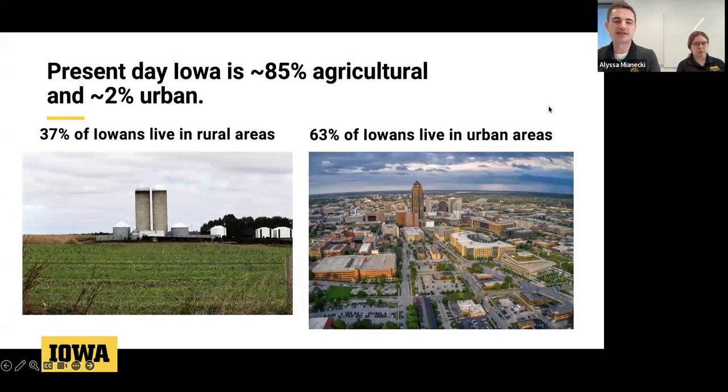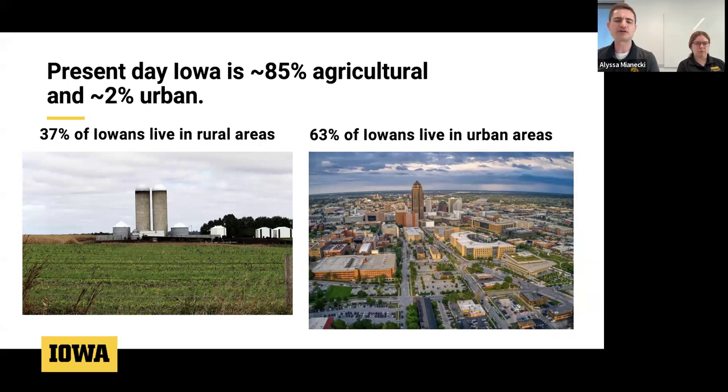Another thing that we should note is that in Iowa today, as I mentioned before, much of our land is agricultural. But the demographics that we have, where people live, doesn't really follow what our land use breakdown is. And so, even though about 85% of our land is agricultural, only about a third of Iowans live in what we would classify as rural areas, whereas about 63% live in urban areas or suburban areas surrounding urban cities.